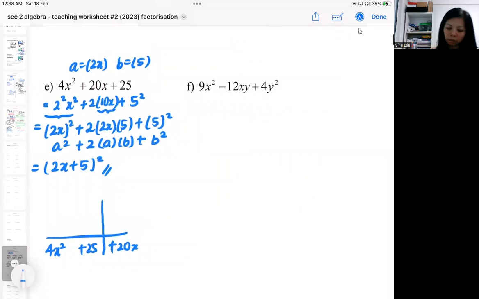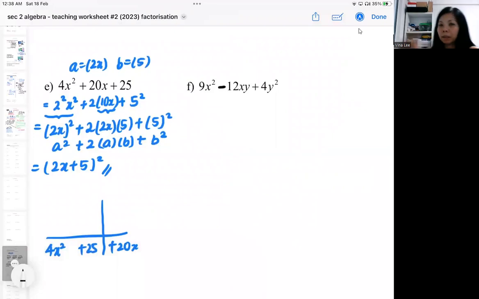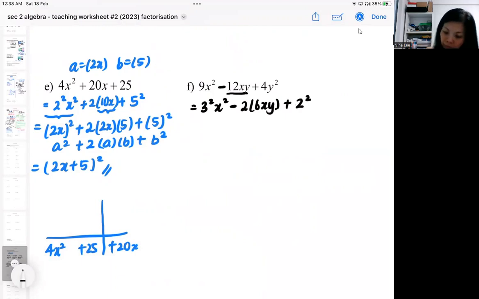Okay, the next one, I also will say that it's not so straightforward. It's a minus, so I'm expecting the second formula, a squared minus 2ab plus b squared. So I put a 2. I'm going to change the 12xy to 2 times 6xy, so there is still a minus 12xy. So I further break down the 6xy into 3x and 2y.